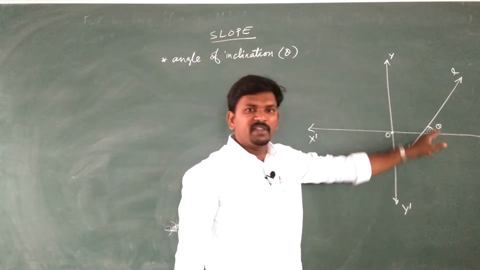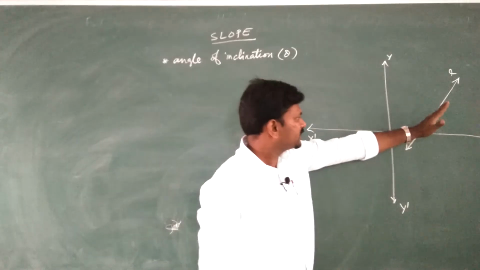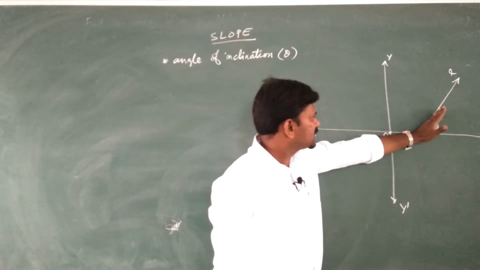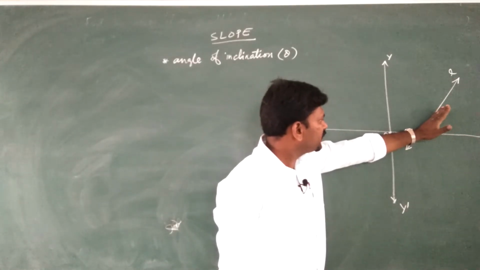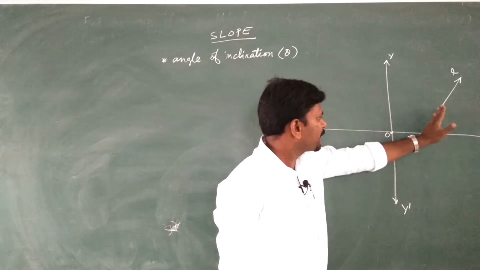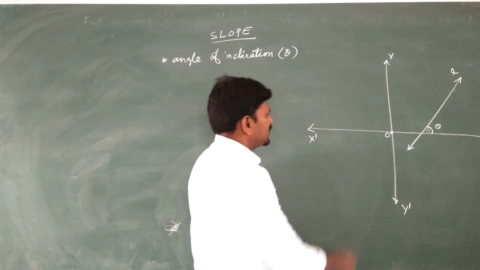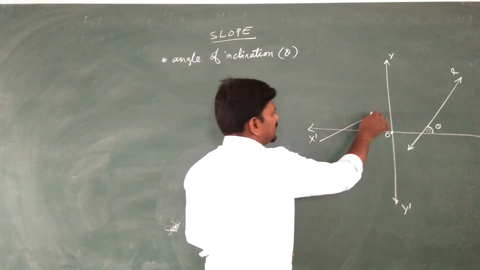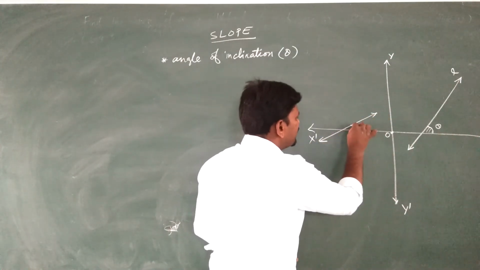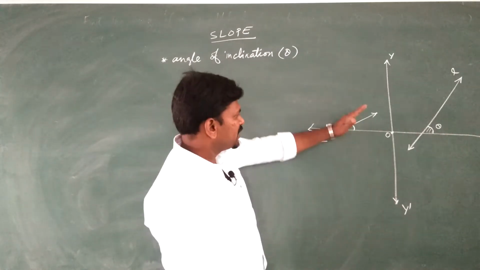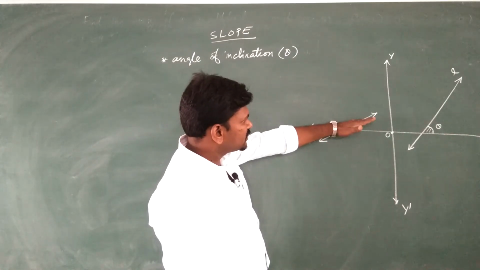Look here, if we change the steepness of this line, if you draw it like this, it will have a very small angle because the steepness is too high.